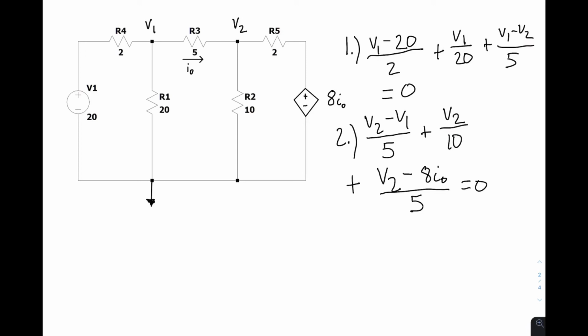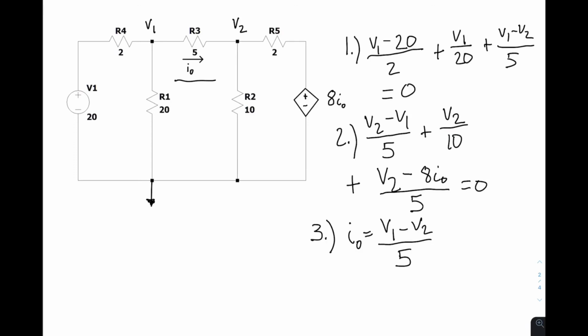To eliminate the variable I naught from the dependent source, we need to express the controlling current in terms of the node voltages. So we're going to have a third equation here where I naught is going to equal V1 minus V2 over 5 as denoted here.